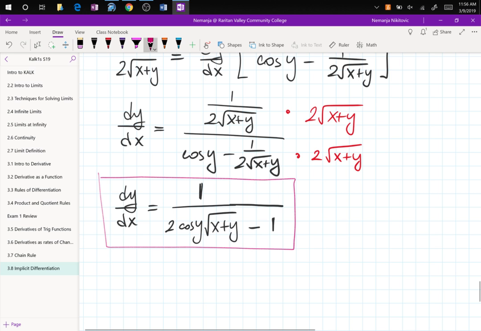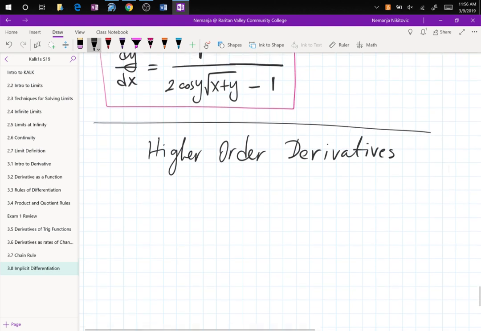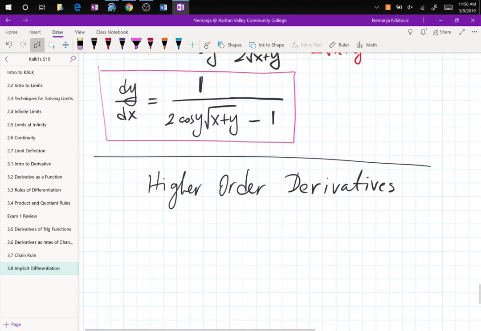I almost forgot. One more part to this. Higher order derivatives. This is a living nightmare, obviously, because when you take your first derivative, you end up with something like this.